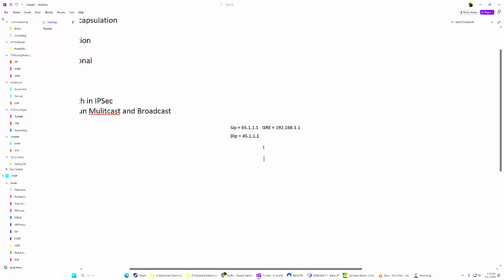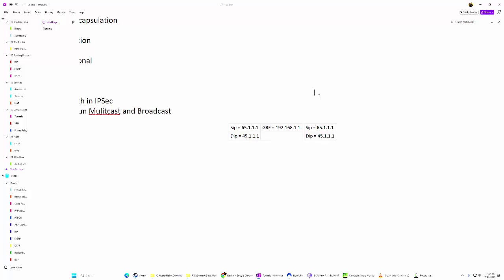Okay, all right, and it's going to be encapsulated again. So let's actually take this copy and put it over here. Because what's going to happen? Because I'm telling you it's a logical interface, and it is, but it's how the router does it.